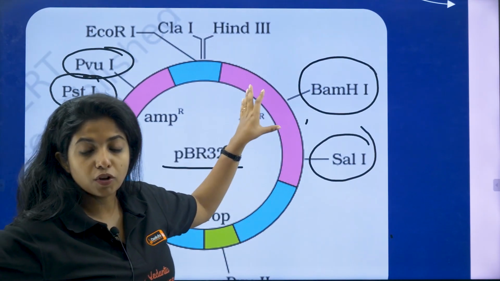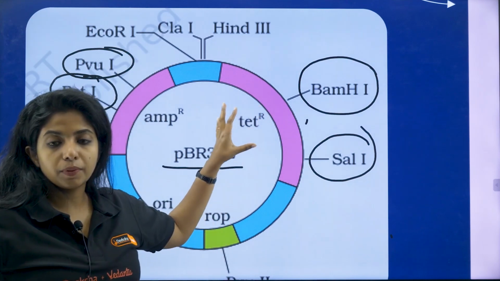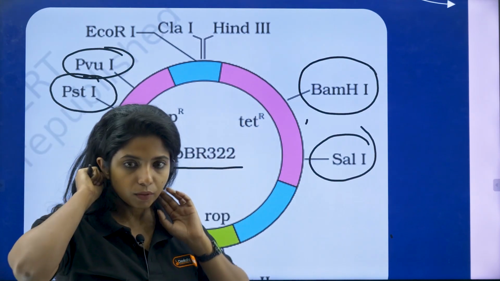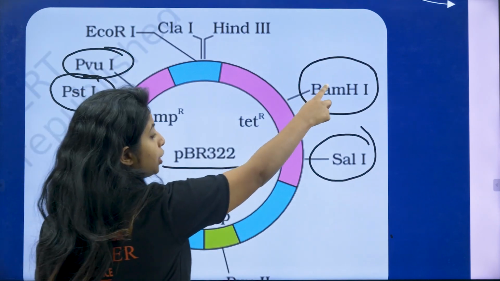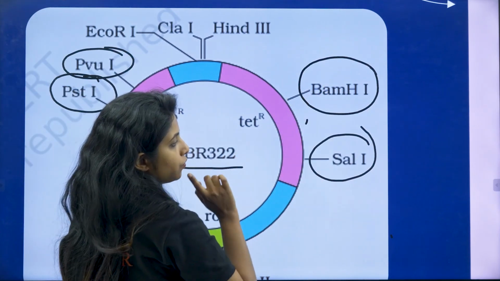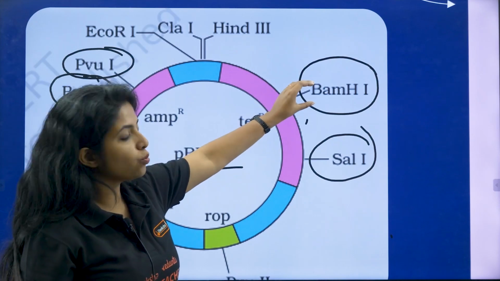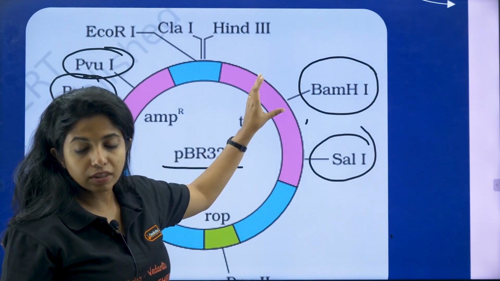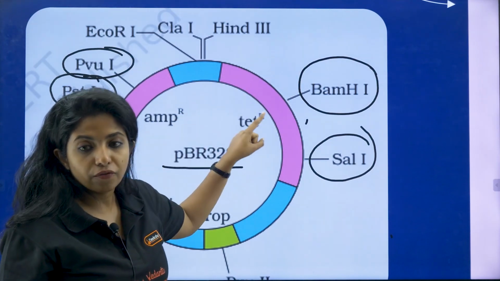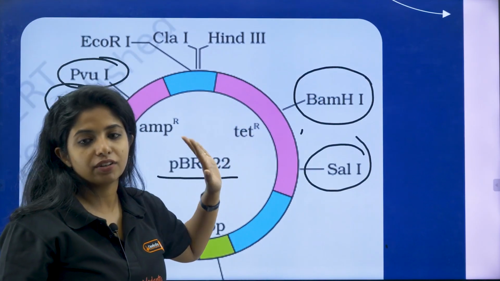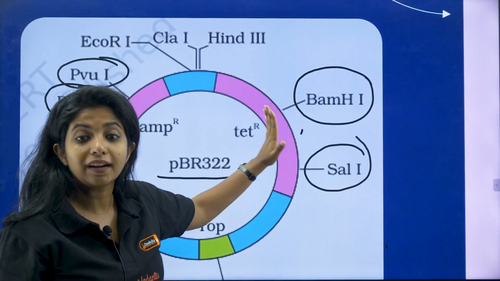This gene makes the organism which has this plasmid resistant to tetracycline. There are two enzymes which have their restriction sites over here, BamHI and SalI. Suppose BamHI cuts over here, and with this cut we put in our gene of interest. Will it still be tetracycline resistant, my dear children? It would not be tetracycline resistant.